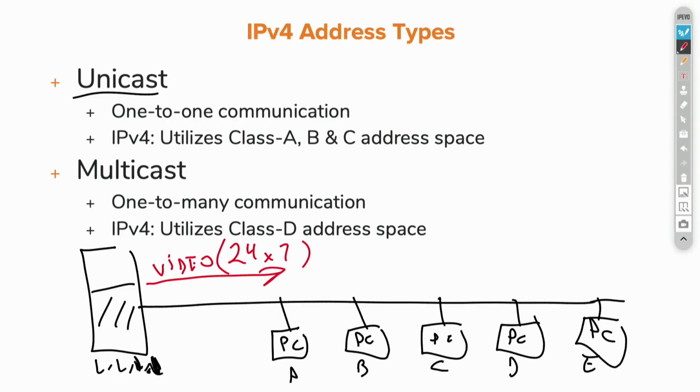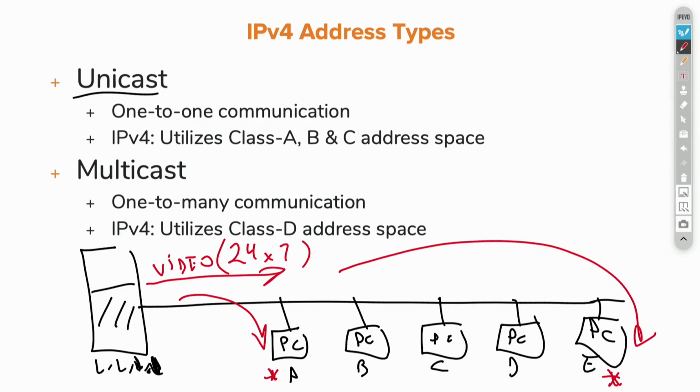Let's say PC A and PC E want to watch that. Well, if we sent this out as unicast, we'd have to have a stream of video going directly to PC A's IP address, whatever it is, and a copy of that stream going to PC E's IP address.